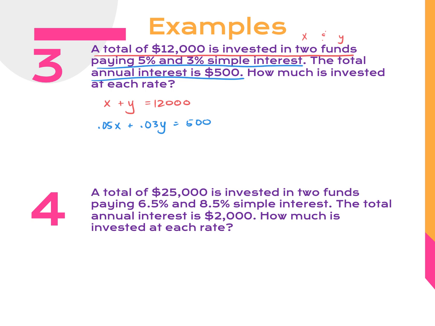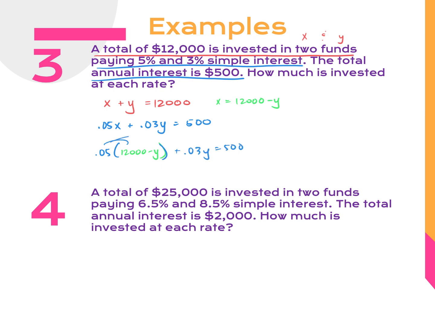So I'm going to take that first equation, x plus y equals 12,000, and I'm going to solve for x. So x equals 12,000 minus y. And I'm going to go to this equation here, and for x, I'm going to put 12,000 minus y. Okay? And then plus 0.03y equals 500.